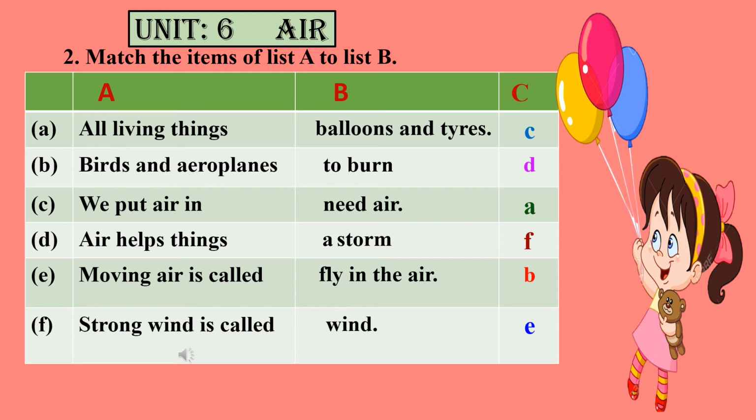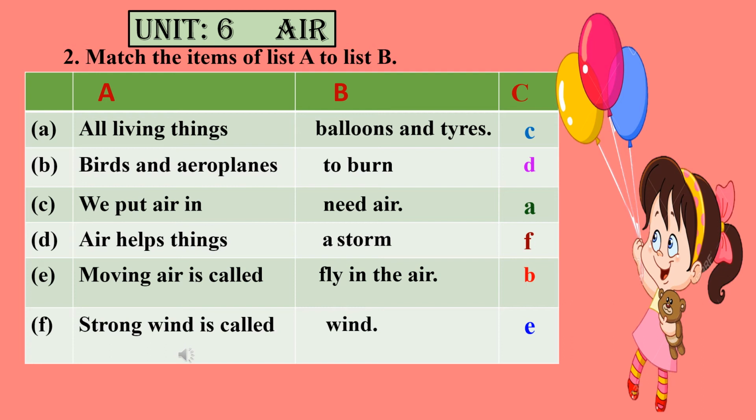Or the second way to match the columns is, you can write here A, because it is the answer of A. So you have to write A in front of need air. B. B is birds and aeroplanes. What birds and aeroplanes?